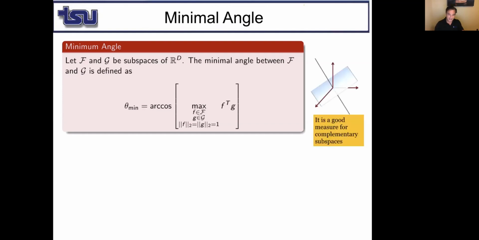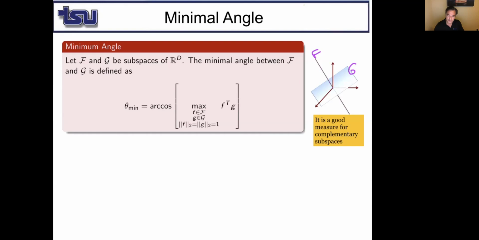For example, here, assume this is F, the line, and assume the plane is G. What does that mean now? That means take all the possible vectors on G and all possible vectors on F and find the angles between them. For example, if this is a vector here and this is another vector, that's the angle between them.